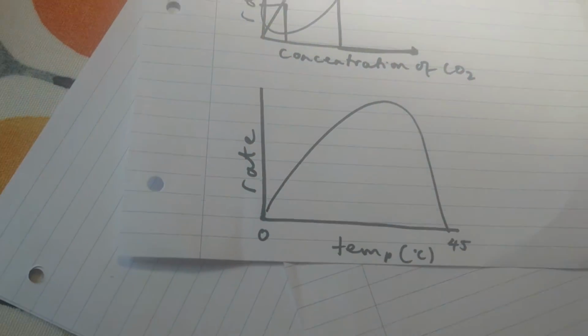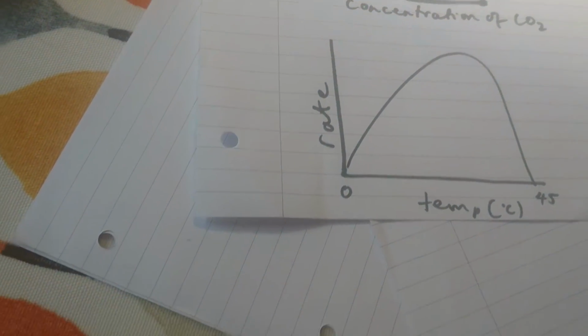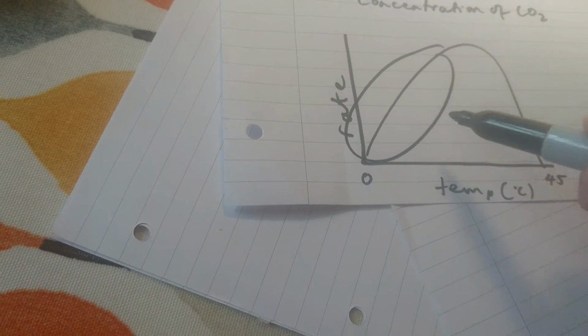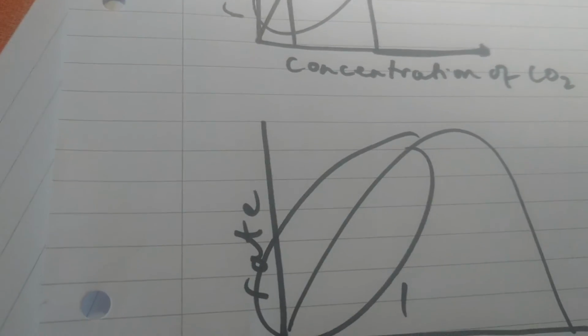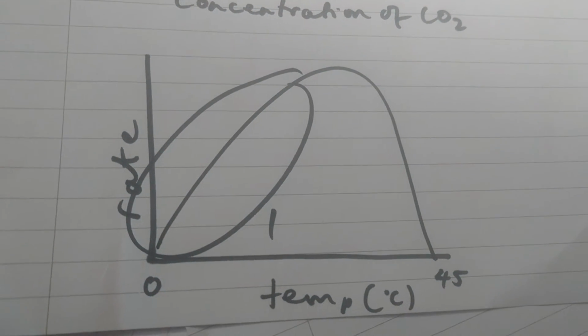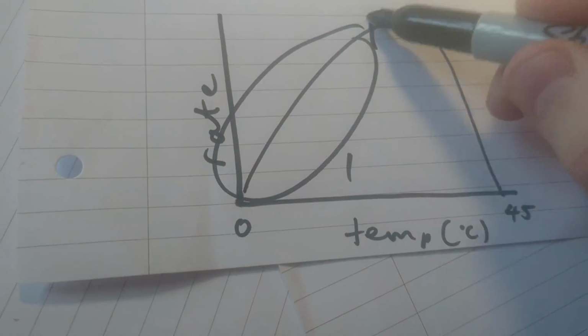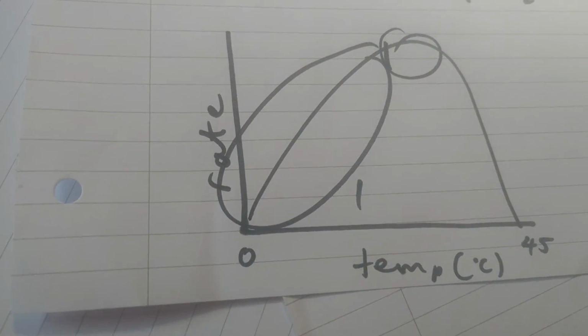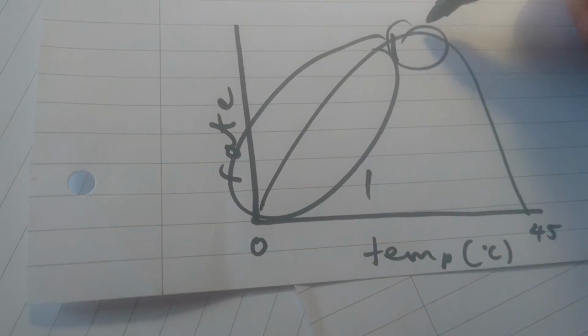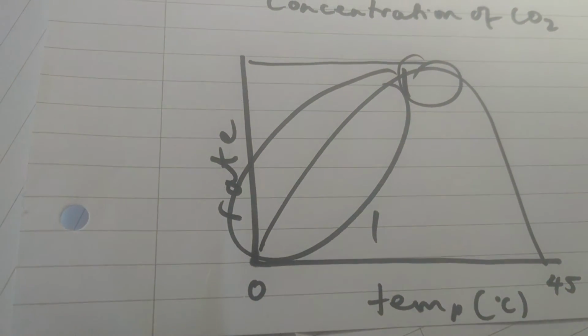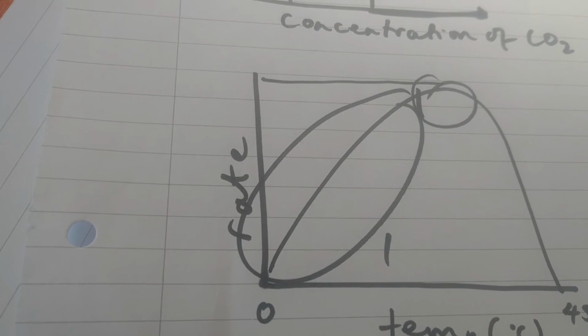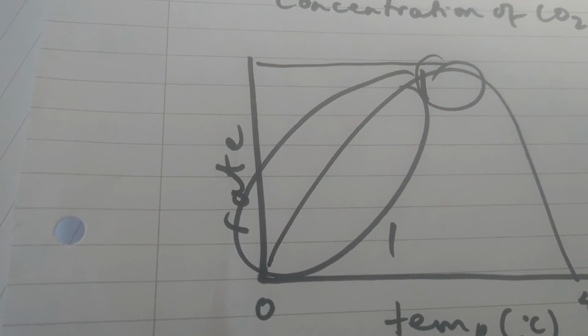So what we're saying is that as the temperature increases, so point number 1, so does the rate, because photosynthesis enzymes work better in relatively warm conditions. So we'll say that's about 30. So the maxima, around about 30, we're saying the rate of photosynthesis is quite high. Here the limiting factor is temperature.